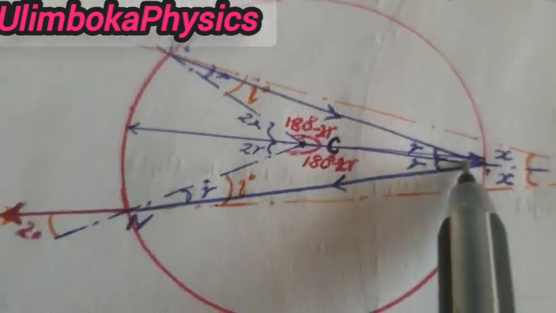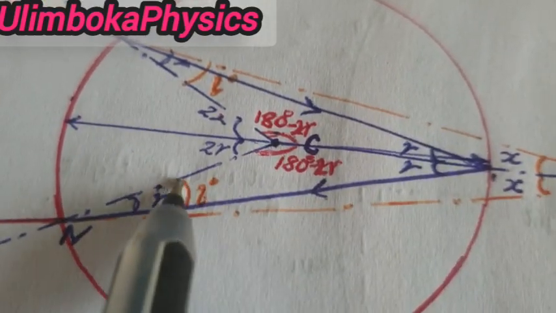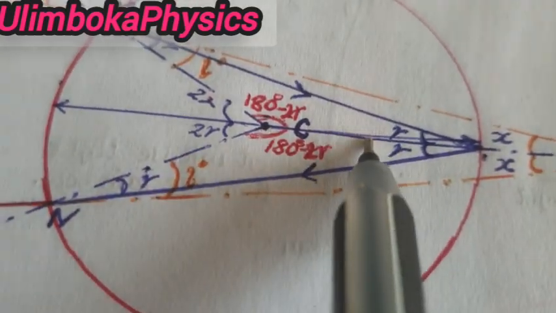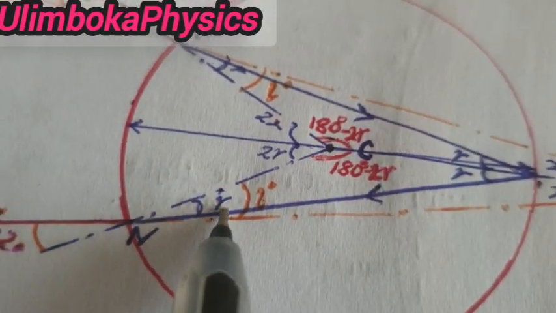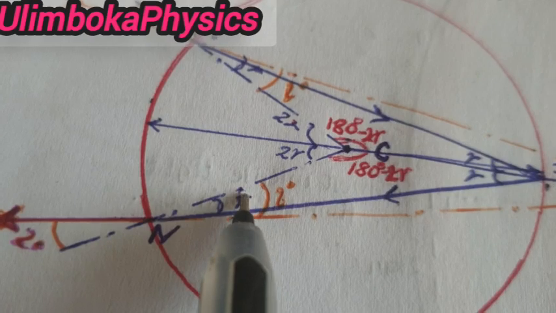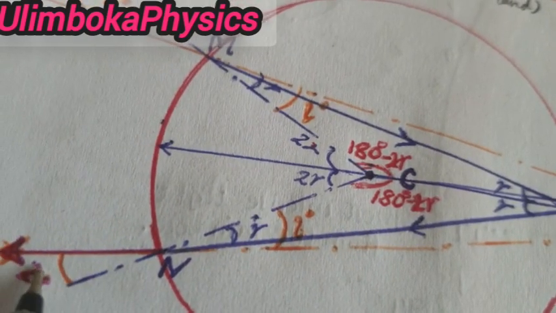The same applies to the second isosceles triangle here, where we also have a radius. Then we know this is the refracted angle, which is like the incidence angle that takes place inside, and this is the emergent angle.